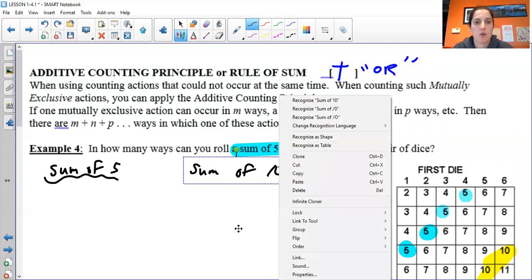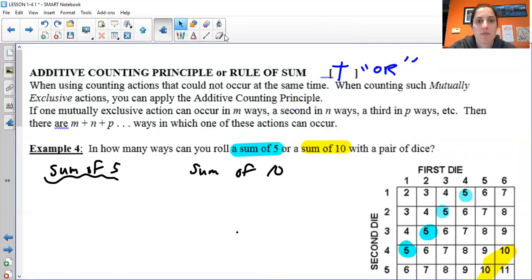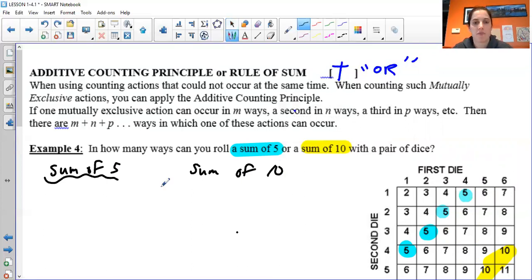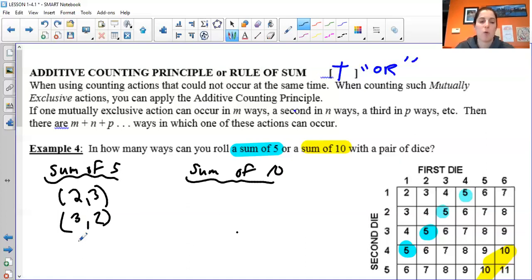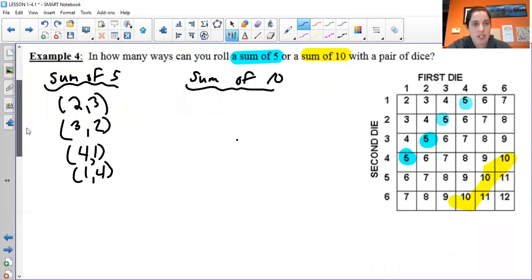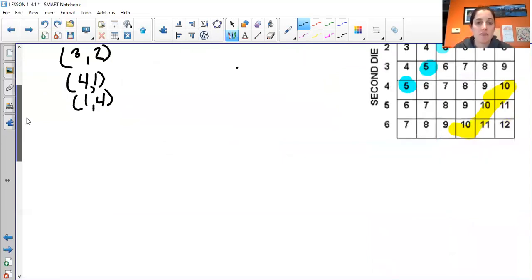Using this little coordinate system, this little table, there's another way you can write it down here. So a sum of 10. This is the first die, 2, second die, 3. But having this is different. It just lets me organize my counting. 4, 1 is different than 1, 4. So there's 4 ways to count a sum of 5.